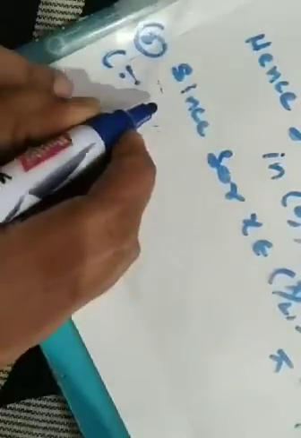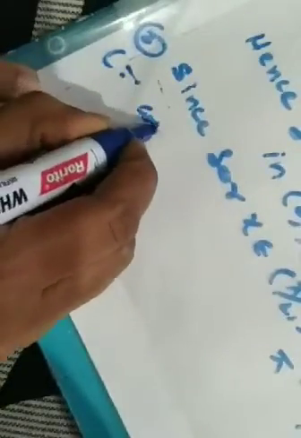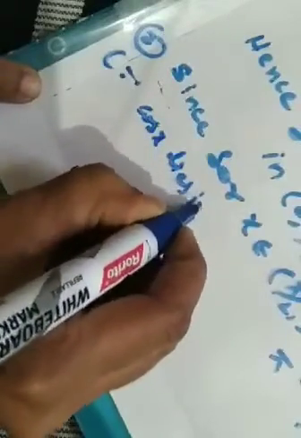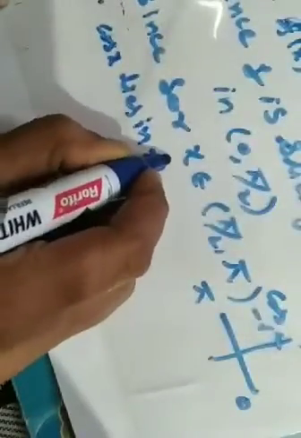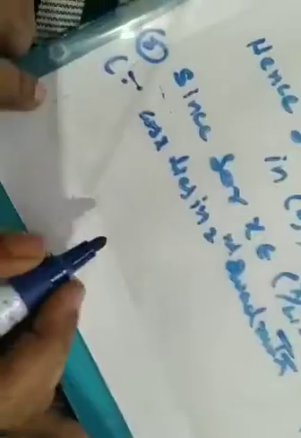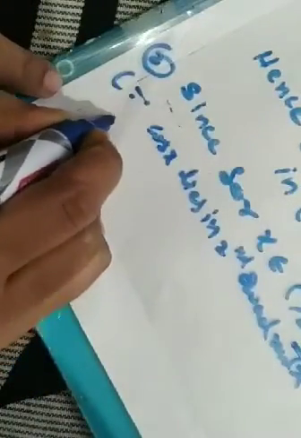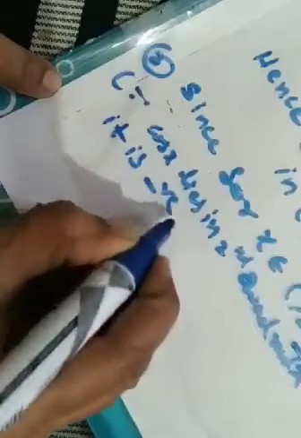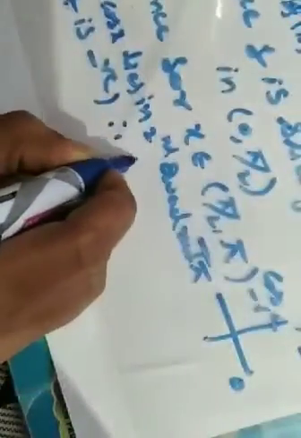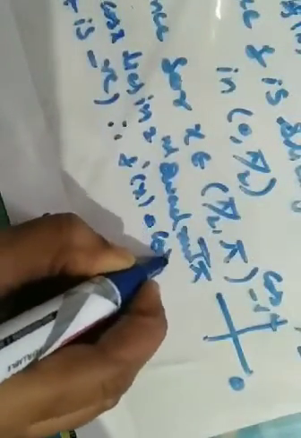So therefore you will give the conclusion because cos x lies in second quadrant, it is negative. Therefore f dash of x is equal to cos x is less than 0, where x belongs to pi by 2 to pi.